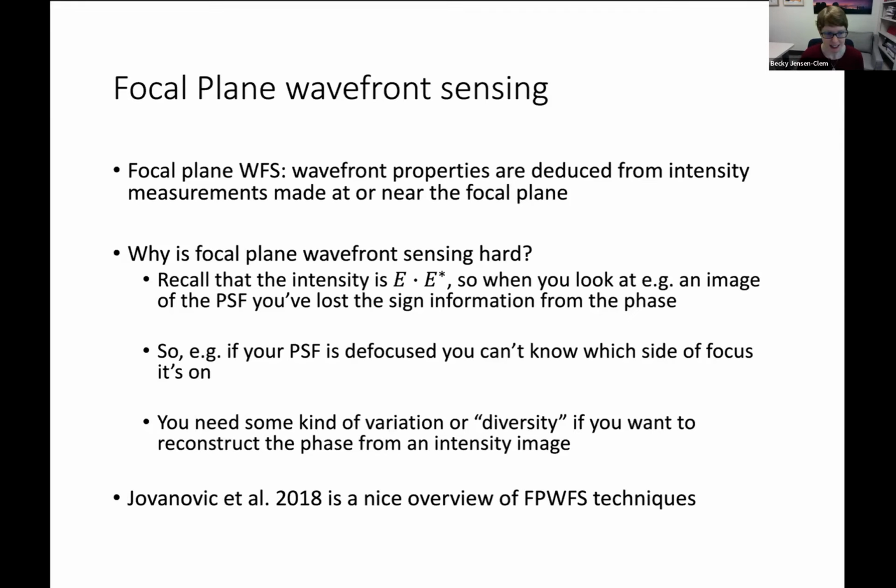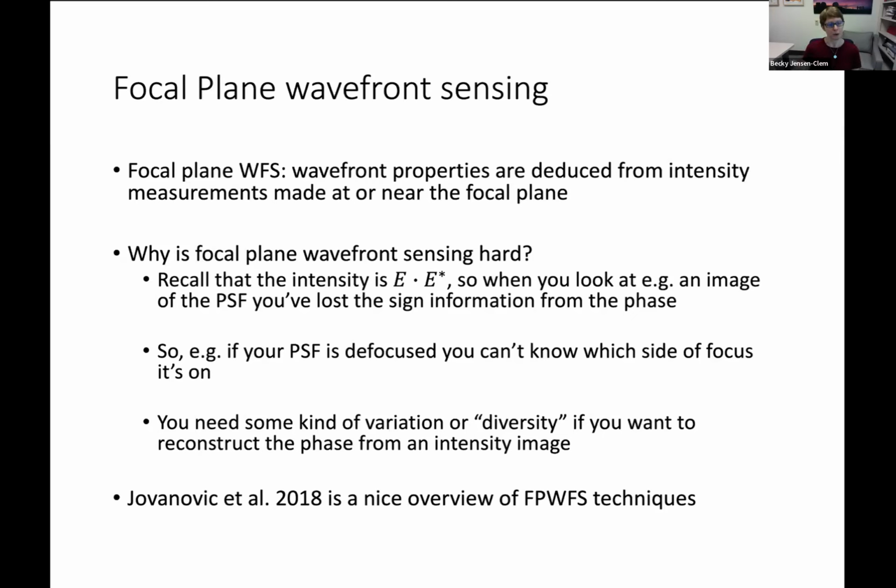So another way of saying the same thing is that if I am observing my PSF in the focal plane and I see that it's out of focus, I don't know whether it's inside of the correct focus position or outside of the correct focus position. I have no way of knowing that sign information. So that's why if you're trying to do focal plane based wavefront sensing, you need to introduce or otherwise find some kind of naturally occurring variation or diversity to help you break that sign degeneracy.